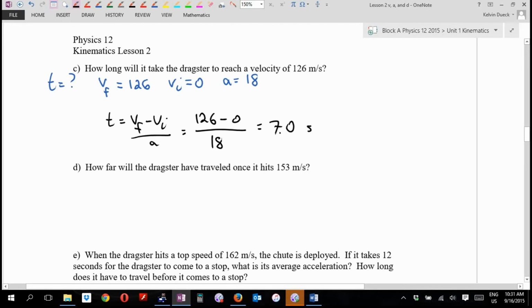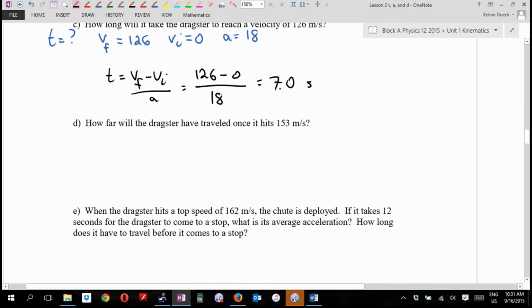How far will the dragster have traveled once it hits 153 meters per second? Okay. Now we've got a question again. What's that 153? Acceleration. I've heard time. I've heard V. Which one, folks?